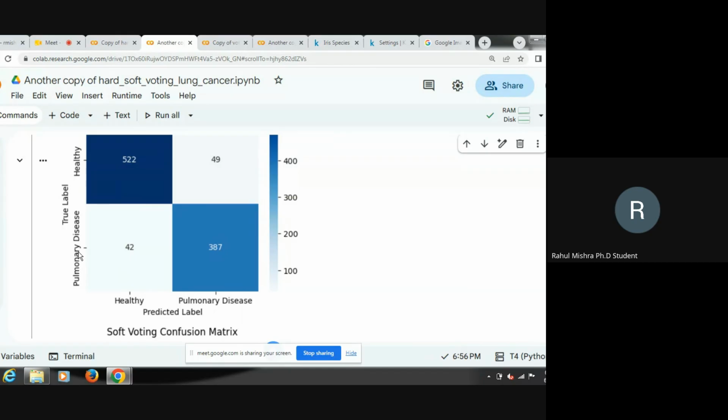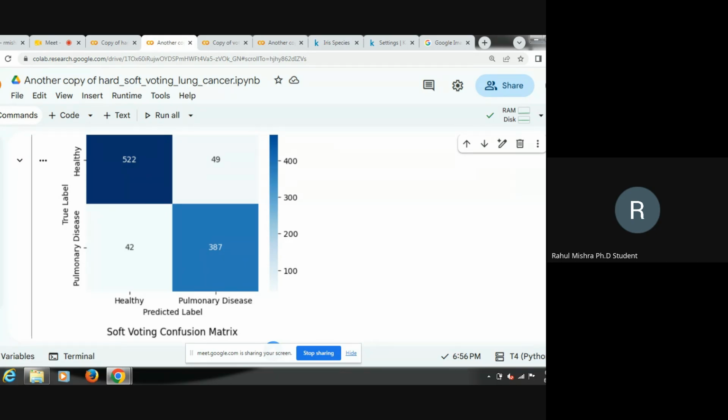And here also it is pulmonary disease, and it is predicted 42, but it is healthy cases. And here the disease predicted is 387. So in this way, you can say that this is the result of hard voting, in which we can easily identify what the healthy cases are and what the disease cases are that have been predicted by the model.